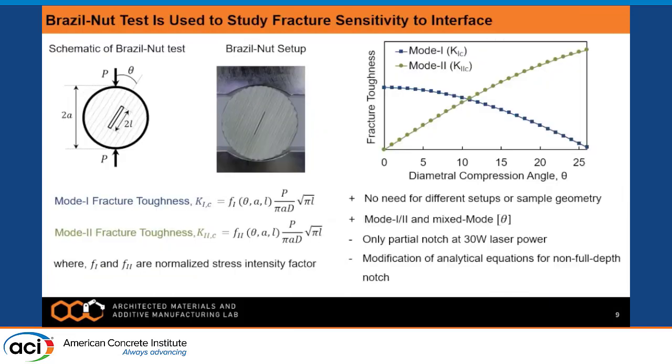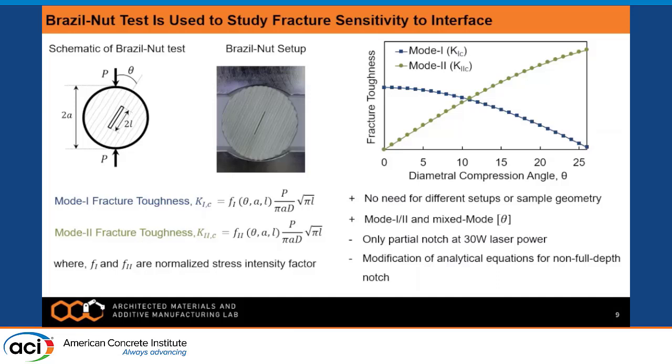The second thing that we have done is to use the Brazil nut test to study the sensitivity of fracture to interfaces. So what is the Brazil nut test? We have a cylindrical specimen with a central notch that goes through the entire depth of the sample.